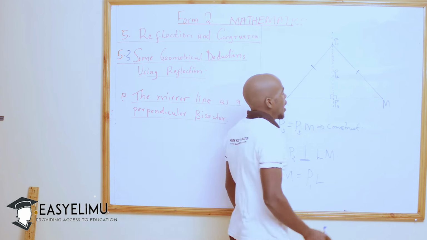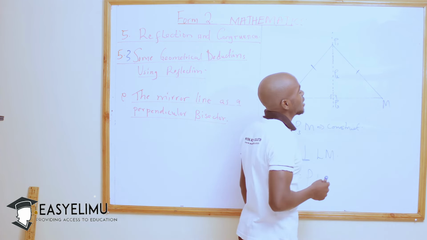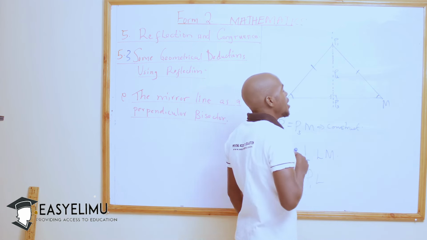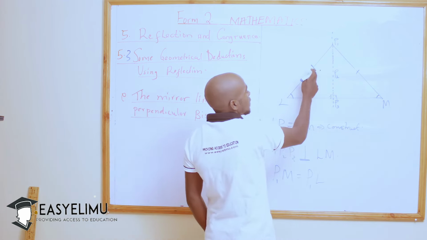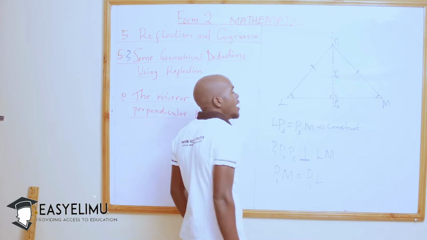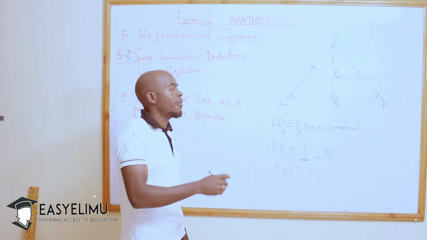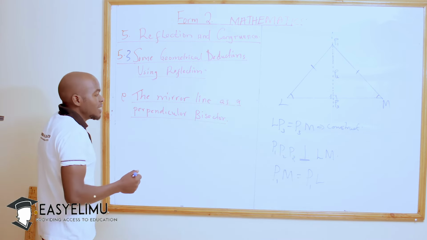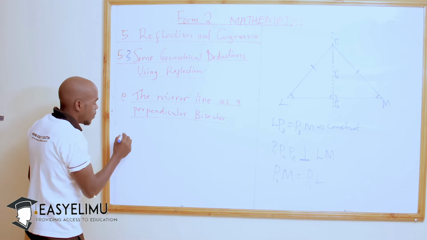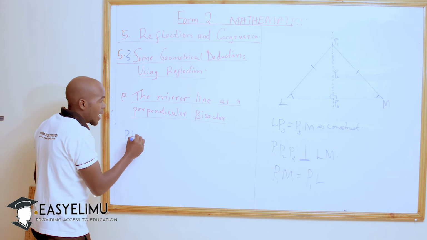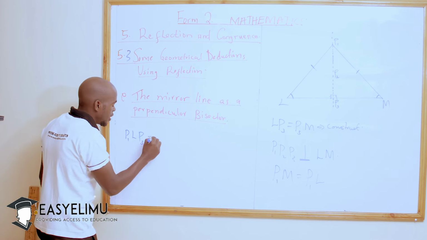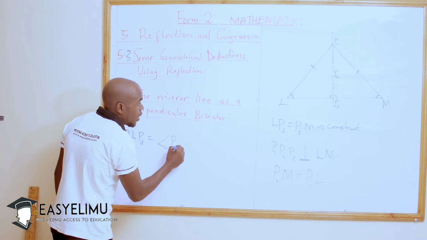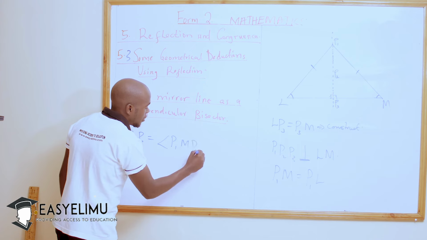So this side P1M, we can give it that mark to mean that they're the same. If that is the same, and here is 90 degrees, then it implies that even this angle here will be the same, since this side is the same as the other side, implying the angle there after reflection will be the same. So we can easily say that angle P1LP3 is equal to angle P1MP3.